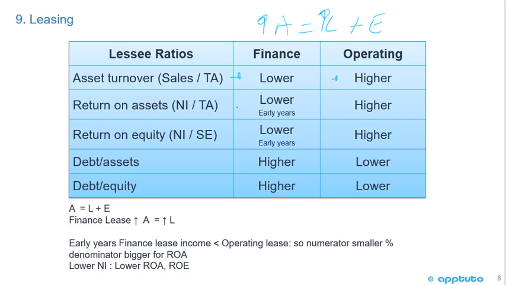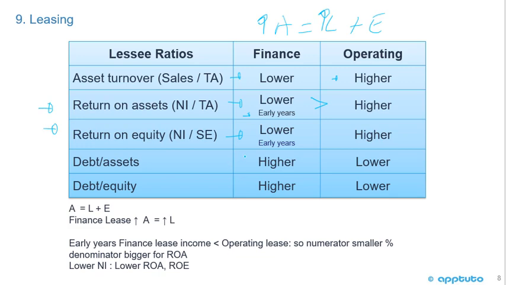Return on assets, as I've mentioned before, and I'll mention again, as goes the net income, so goes the ROA and ROE. So in the early years, you've got that interest and depreciation expense, which makes my expenses higher than an operating straight-out rent in the early years. So my net income is lower.